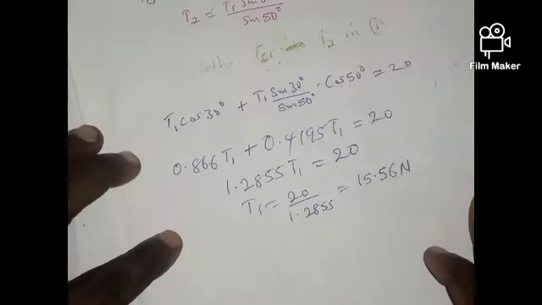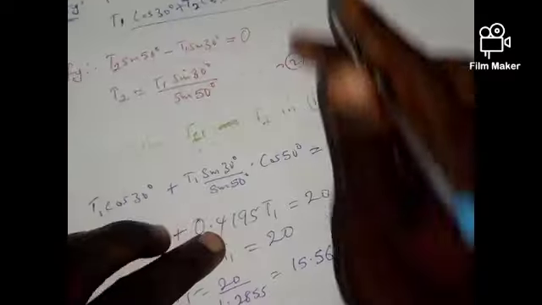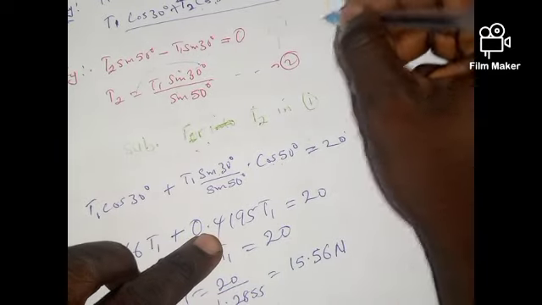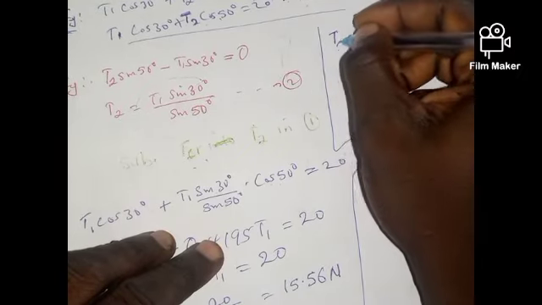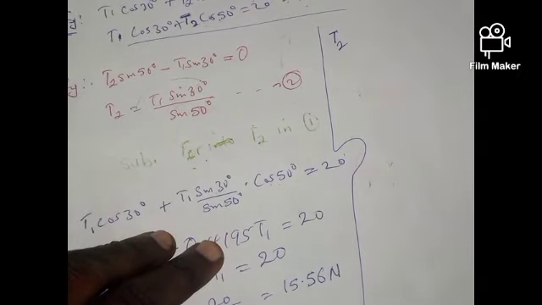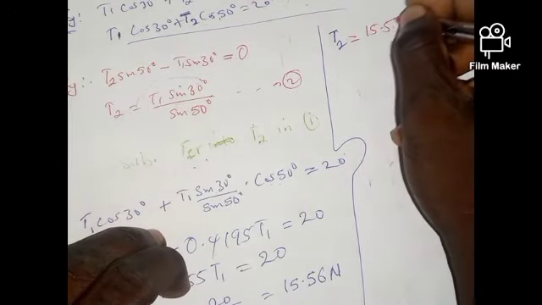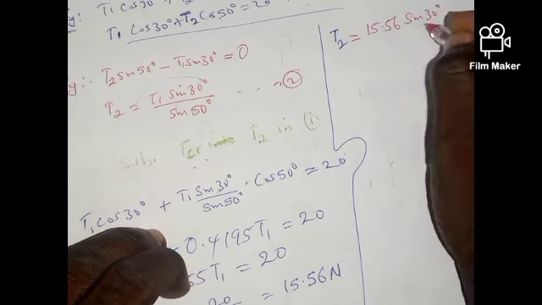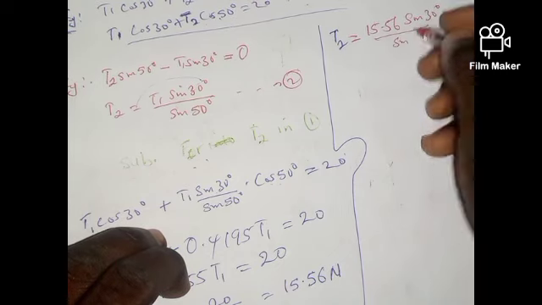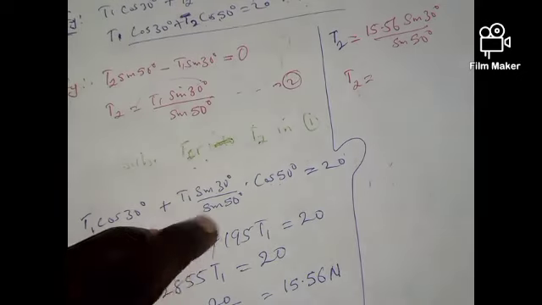Here we can just substitute for T1 in equation 2 to get T2. So T2 is going to be equal to 15.56 sine 30 degrees divided by sine 50 degrees.